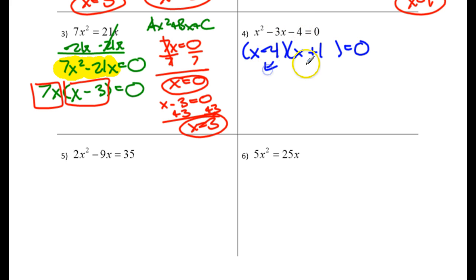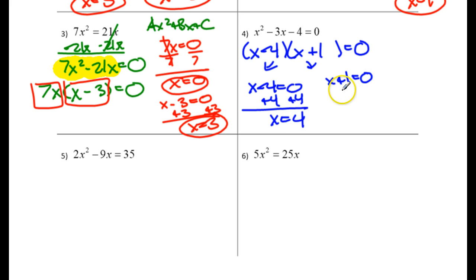So now I just split my binomials, set them still equal to 0, and then I solve. The opposite of minus 4 is plus 4, so here x equals positive 4. The opposite of plus 1 is minus 1, so x equals negative 1. These are the two answers. Okay?